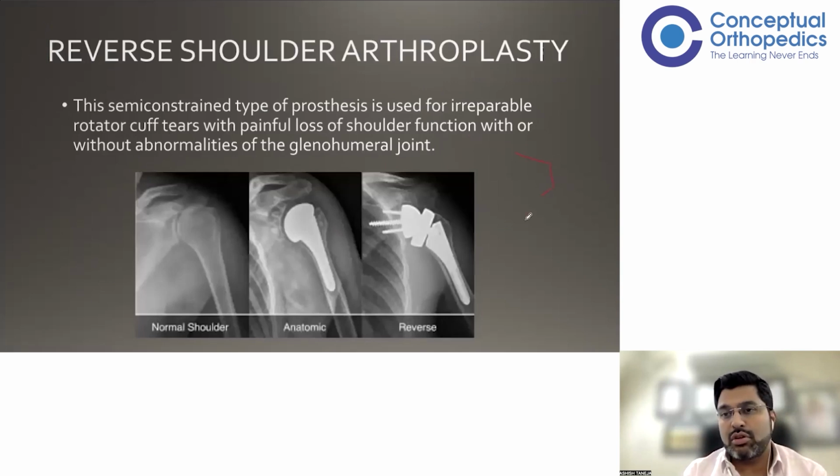If this is your shoulder, the humeral head will be somewhere here. The humeral head will be superiorly migrated and the acromiohumeral distance will be decreased. This is called superior escape. It happens because the rotator cuff here is torn and it's not there right now. It is proximally retracted, so the space is there, and the head tends to escape superiorly.